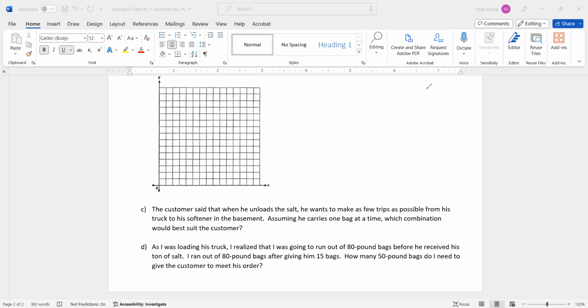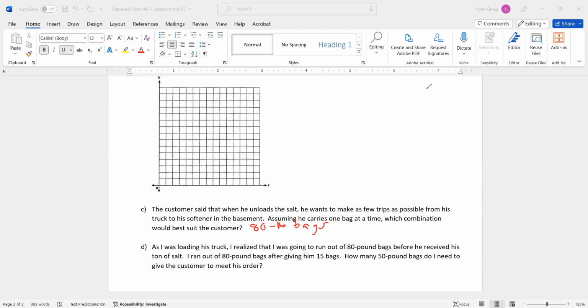Well, if he needs to carry one bag at a time, he wants to carry less. He wants to make less trips. Which one of those two intercepts had less numbers? That would be the y-intercept. So the 80-pound bags. He didn't say weight was an issue. I know you might be thinking, I don't want to carry 80-pound bags, but he doesn't say that weight is an issue.